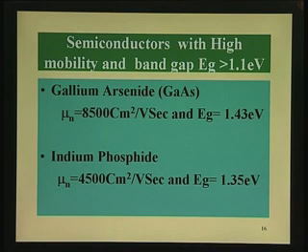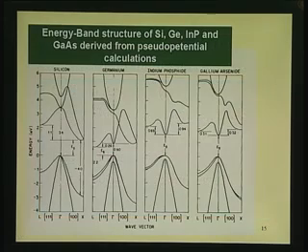Before I go to that, I orally said all the mobilities of gallium arsenide, band gap, indium phosphide, electron mobility, etc. I have already told you. So, let us go back to this now to see what is the meaning of direct band gap and what is the meaning of indirect band gap. This looks horrifying, this diagram, but do not worry about that.